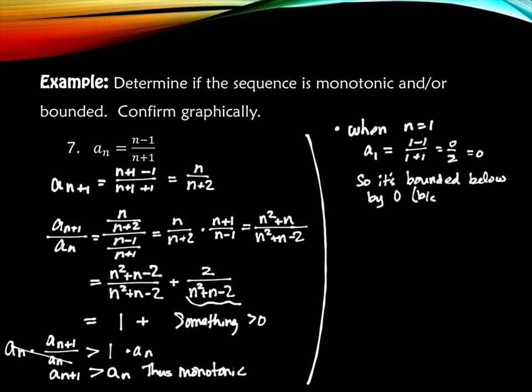And that's because it's increasing. I didn't ever actually write that on my screen, but we talked about it. 0 is the first term. It's going to get bigger after that. That's my lowest value. It's bounded below by 0.